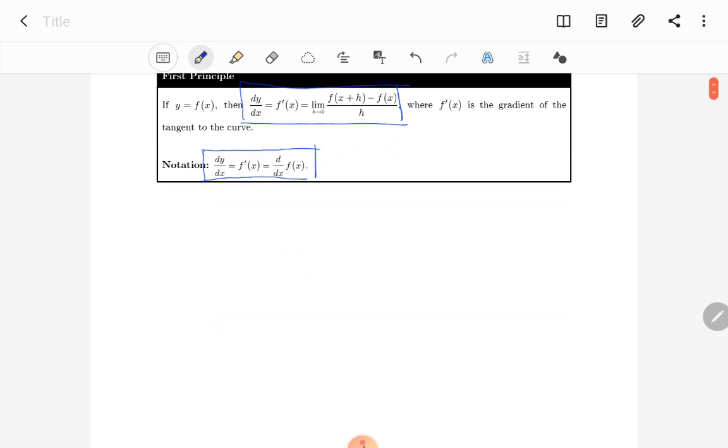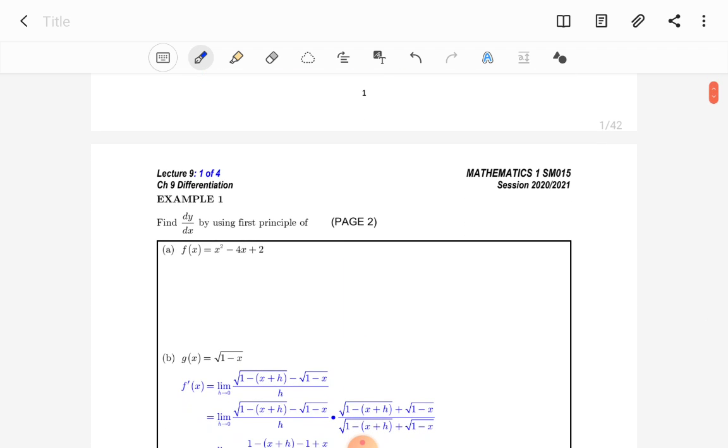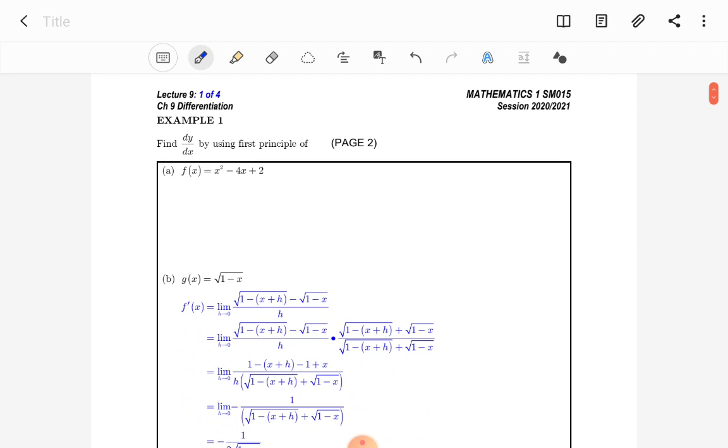Okay, now we go to example 1 on page 2. Find the derivative using the first principle. Okay, we know that the formula for first principle is f'(x) equals the limit of f(x + h) minus f(x) divided by h as h approaches 0.